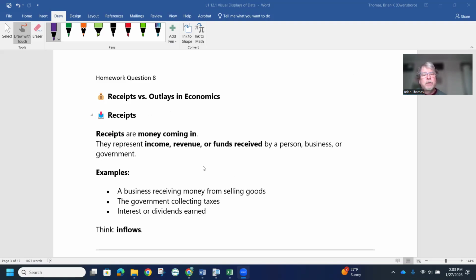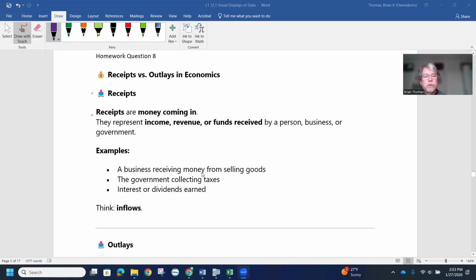A lot of times in our government, a lot of their income comes from what we call taxes. Of course, there's other revenue streams as well, but one of their biggest is using a tax base to help pay their bills. As we said, a business receives money from selling goods, a government collects taxes, and interest or dividends are earned.